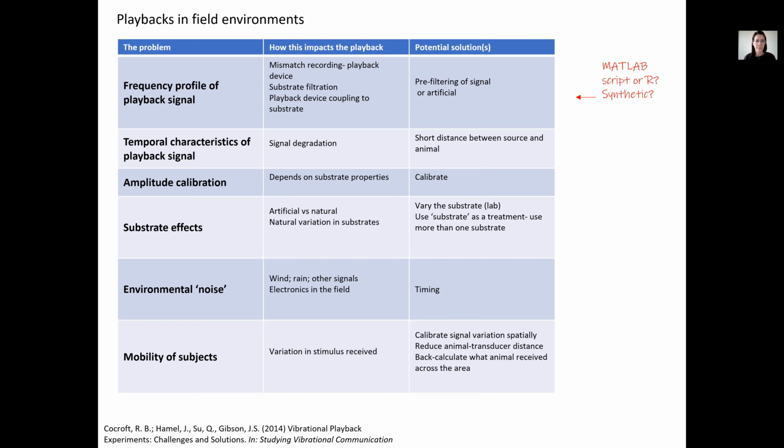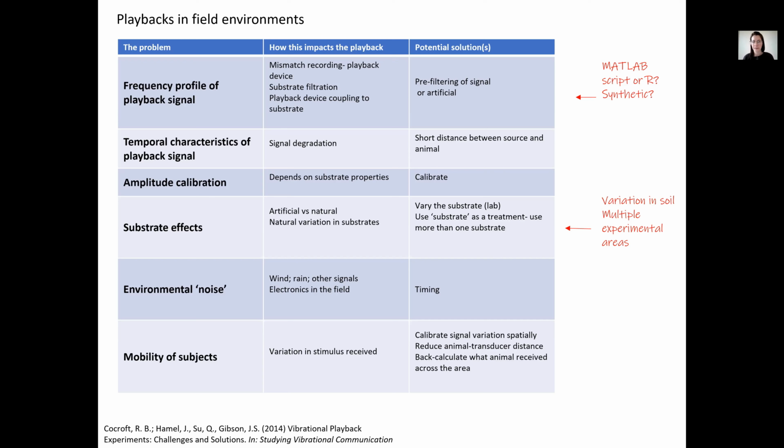Next up, the next two points regard temporal characteristics of signal and amplitude calibrations. The next point that I would like to discuss is the effective substrate, because although we'll be in the field, we'll be in natural soils, and soil itself varies a lot in terms of moisture, compaction, temperature, all of these things which would affect vibrational propagation.